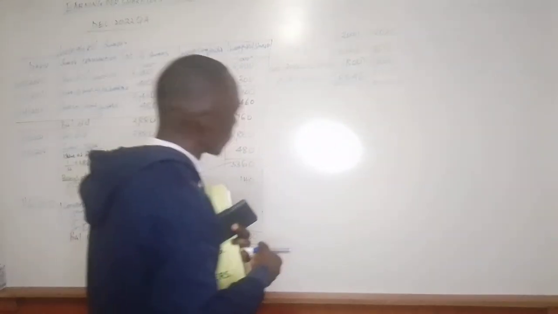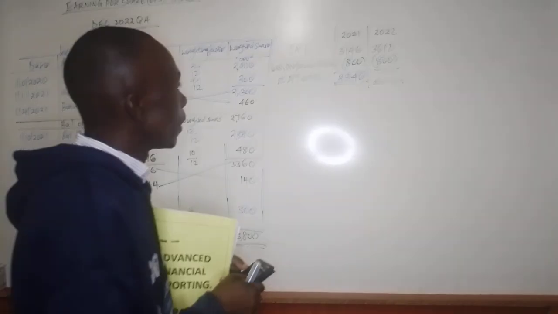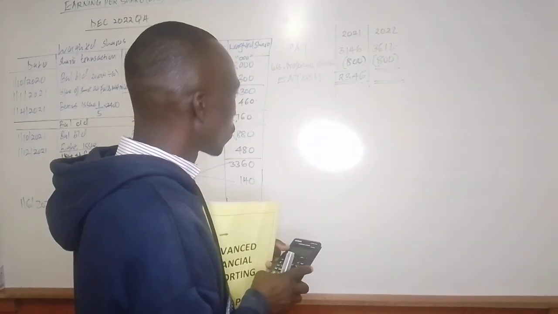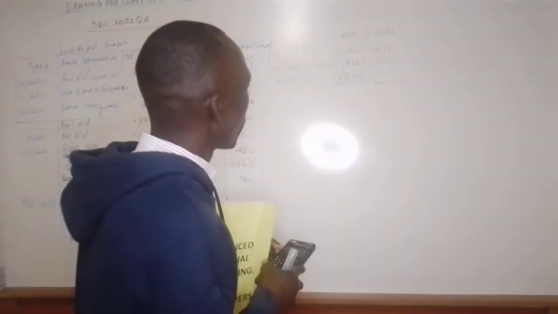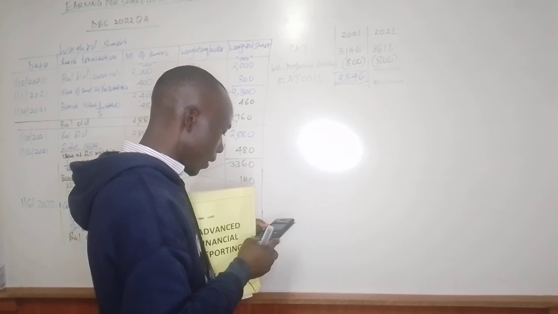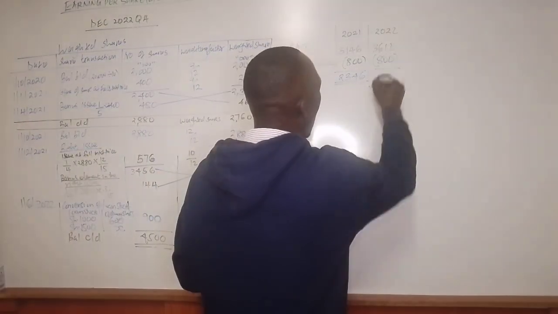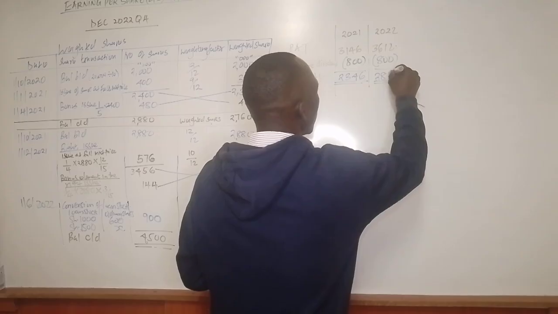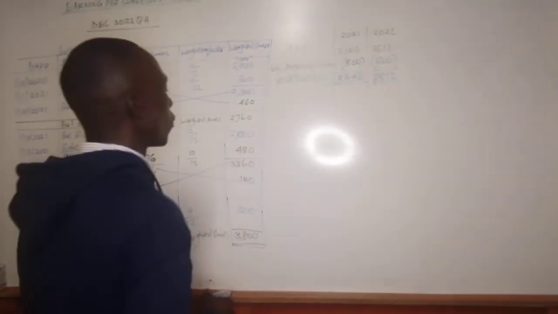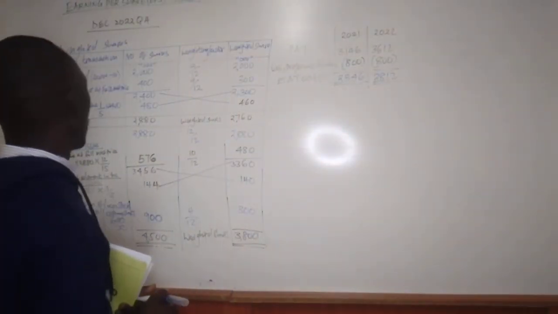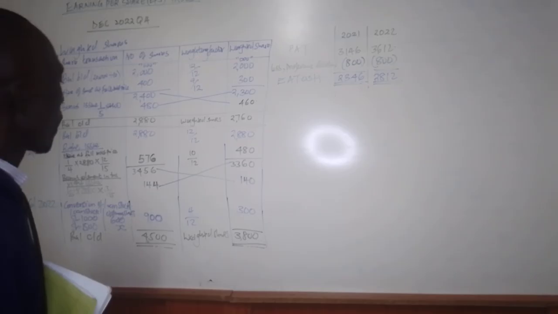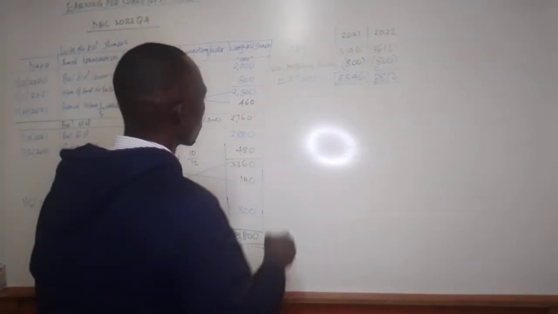Then the second one will be 36.12. Then minus 800. This will be 28.12. Here we have 28.12.